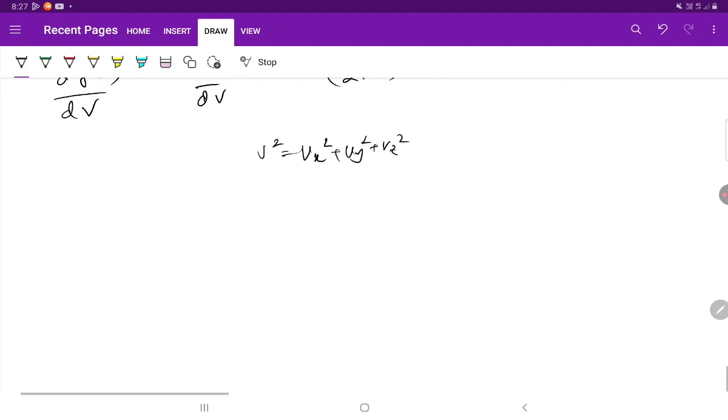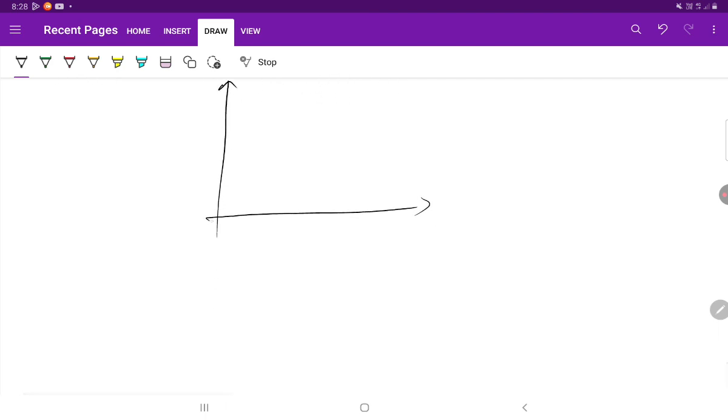Okay. Now what we'll consider is the case of velocity vector space. In this space, there are three mutually orthogonal coordinate axes, basically three mutually perpendicular axes x, y, and z. Now, we are considering a small volume dvx dvy dvz, and we are trying to find the probability that a particle stays within this region.